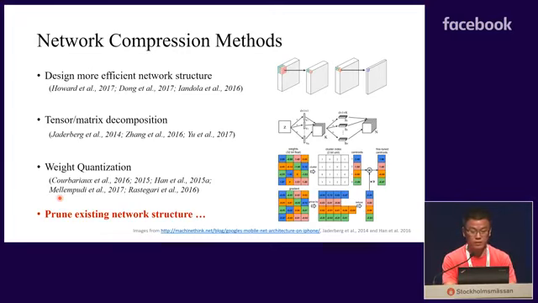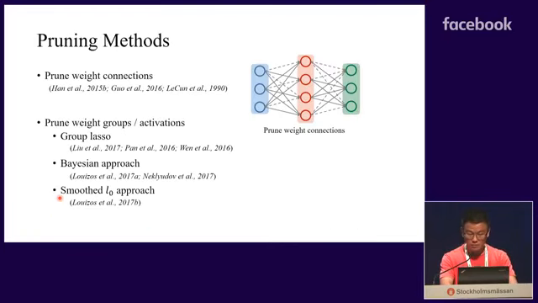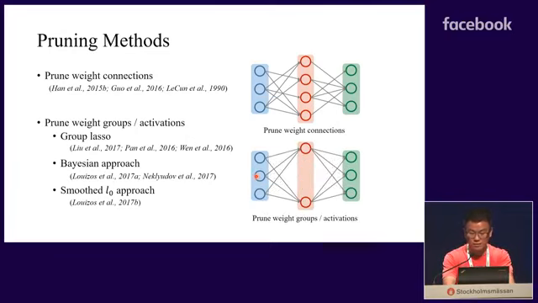We usually have a big original network, and then we prune it down. Some works try to prune weight connections, as illustrated in this figure, and there are also works that try to prune weight groups or activations, like this. In this method, they try to prune whole neurons or convolutional filters from these layers. Our work is also a pruning method that tries to prune the neurons or the convolutional filters.